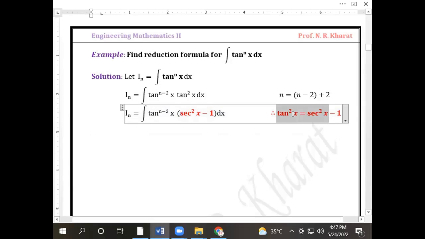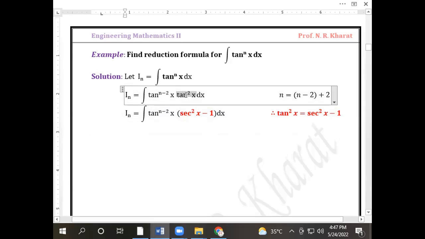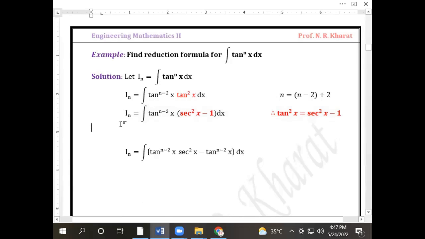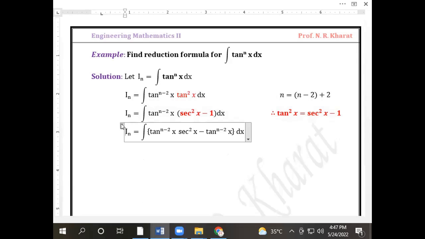here is the conversion of tan square. So after making the multiplication, the integration becomes integration tan raised to n minus 2 of x into sec square x minus tan raised to n minus 2 of x.